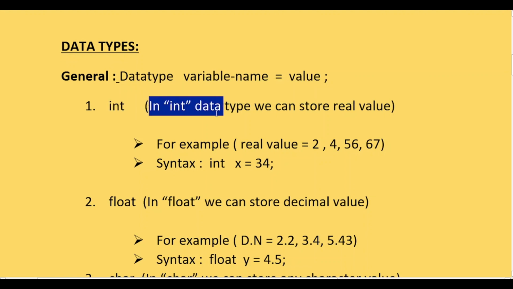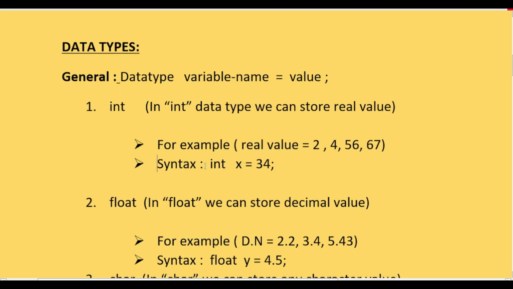In int, data types can store real values, for example 2, 4, 56. It can be any number, for example 257, 266. Okay. The syntax to write the int is int, which is the data type, x, which is the variable name, and 34, which is a value.